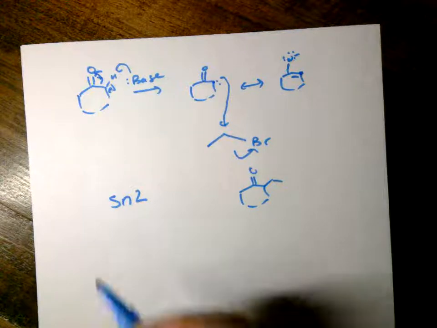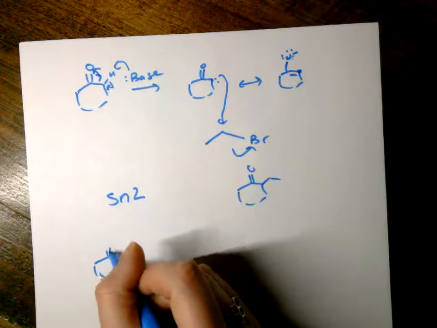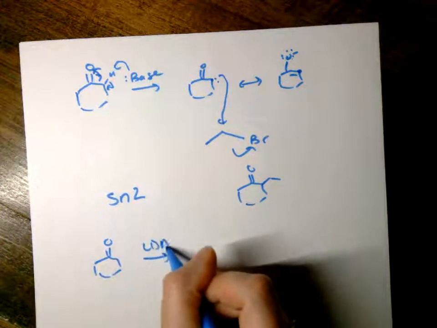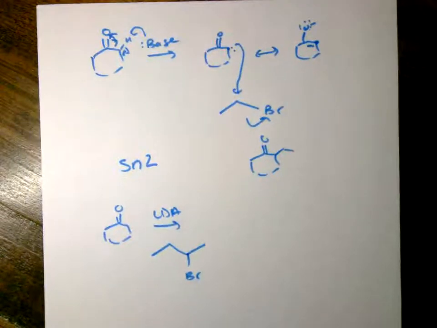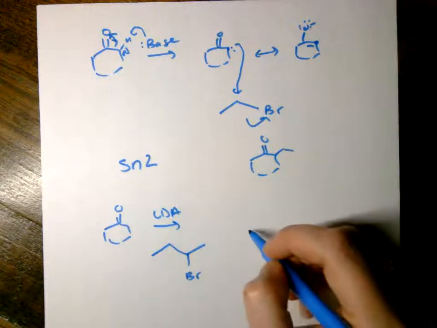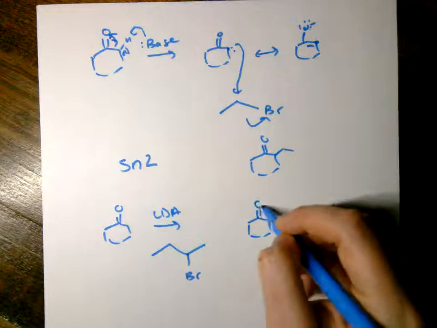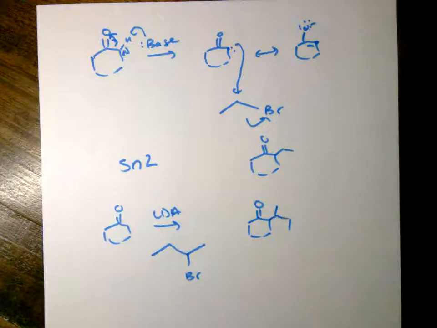So if you see a ketone with LDA followed by anything with a halogen, other than just a halogenation reaction, you're very likely, with an alkyl halide, to get a substitution reaction, and it's just going to alkylate at that alpha position. So something like this. So that's literally it.